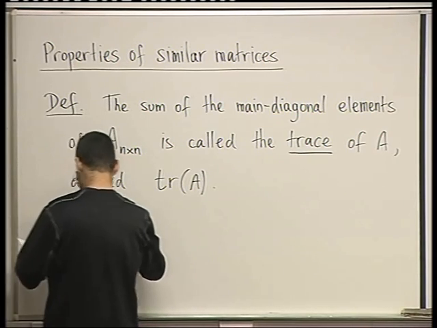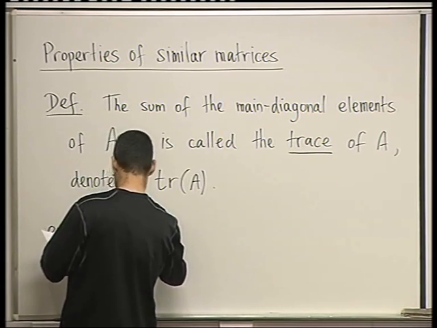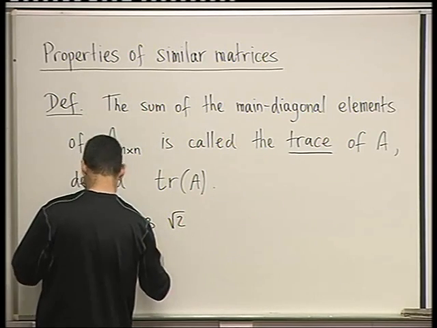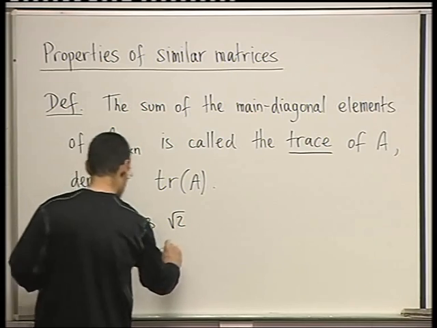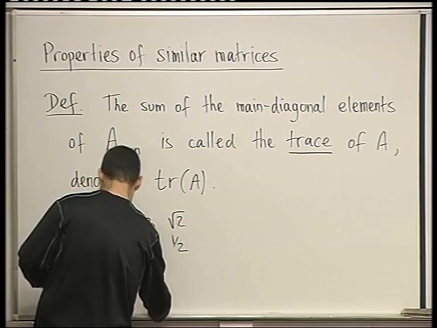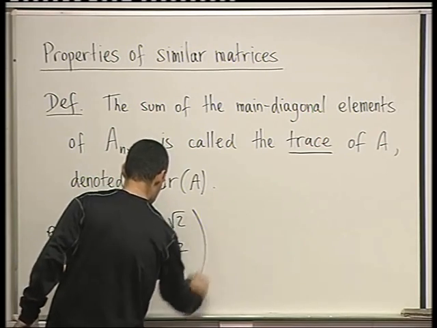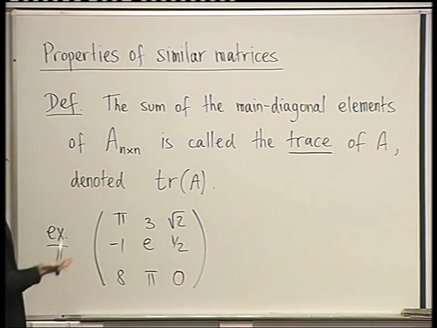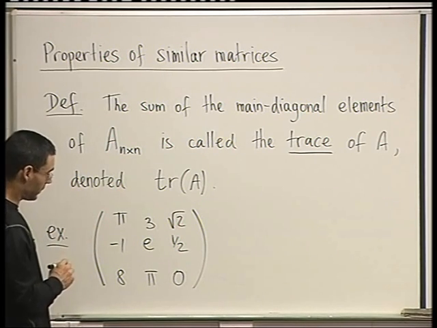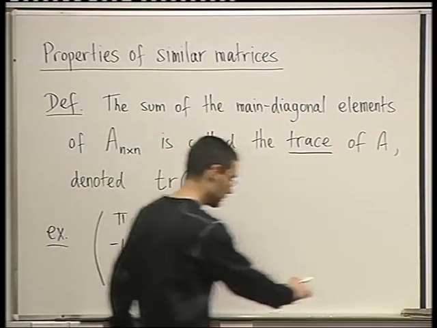Suppose you have the matrix with rows pi, 3, root 2, then -1, e, 1/2. I'm just throwing in some interesting numbers, I can just invent it and put anything. So what is the trace of this matrix?